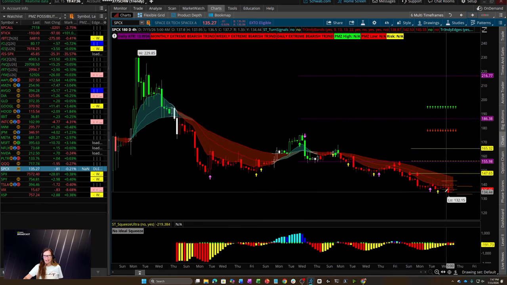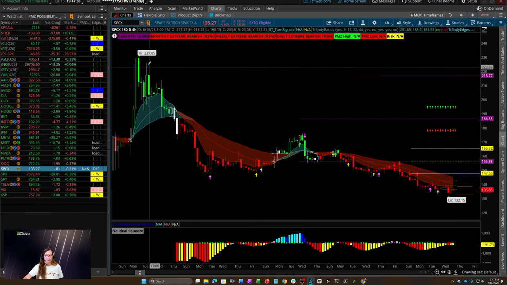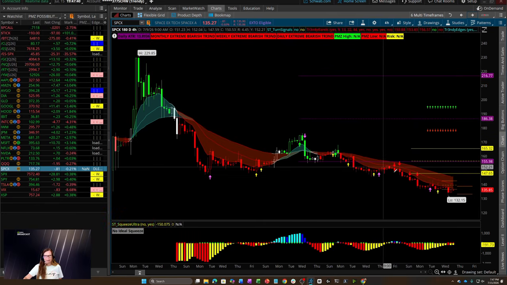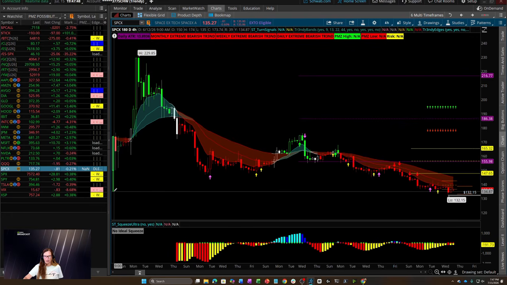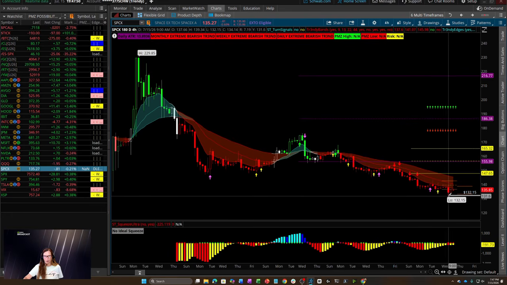We're going to use SpaceX. We have a pivot high, pivot low. This is the all-time low because this thing IPO'd at $135. 132.15 is a low, all-time low here.